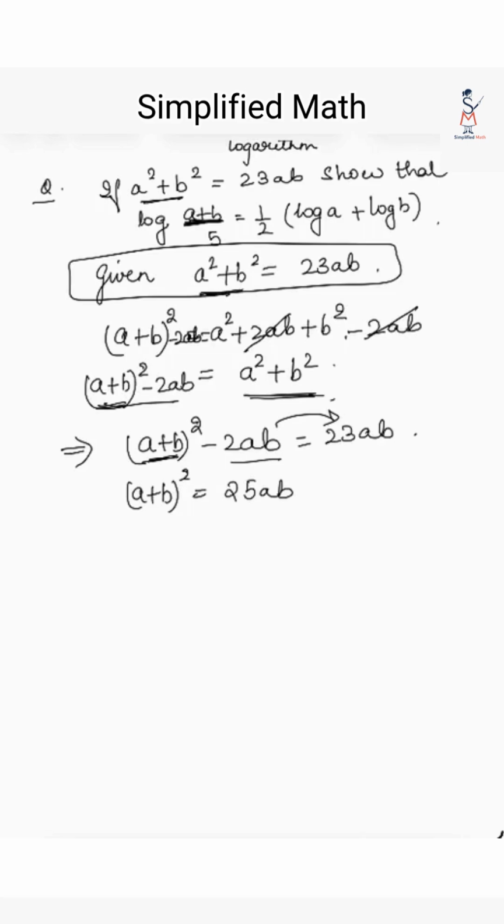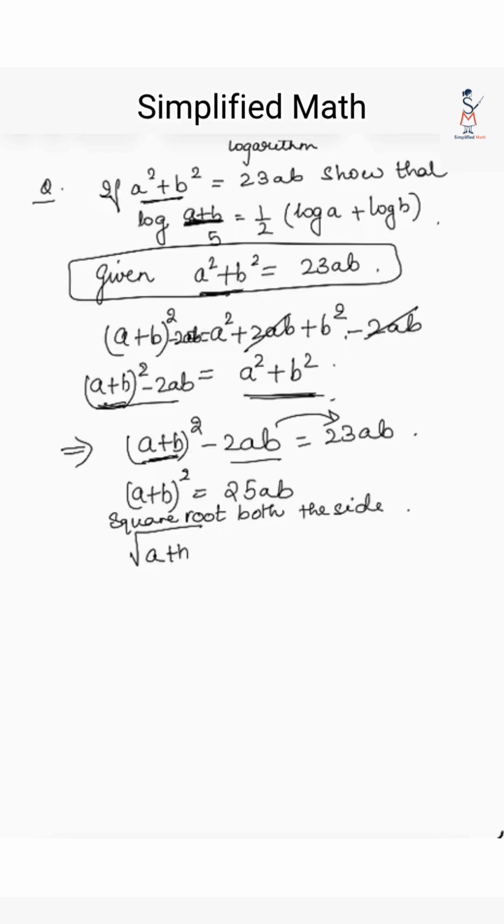Now what is there? We need a plus b and this is squared. That means from both the sides I will take the square root. Why am I taking the square root on both sides? Because I don't need a plus b whole square, what I need is a plus b.